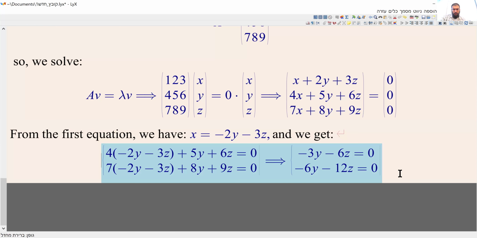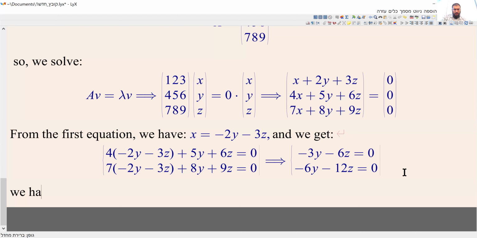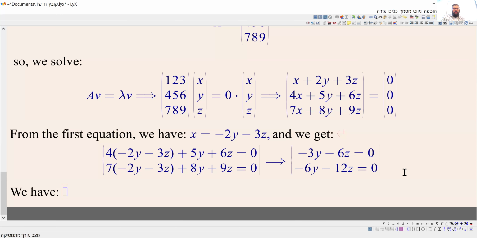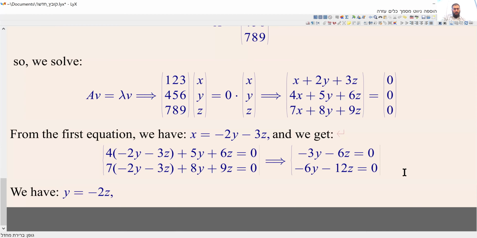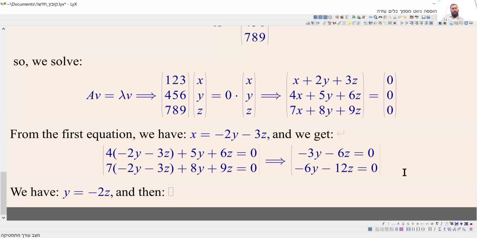So we have y is minus 2z. And then x is minus 2y minus 3z, which is actually minus 2z minus 3z, wait, plus 4z minus 3z, which is z.